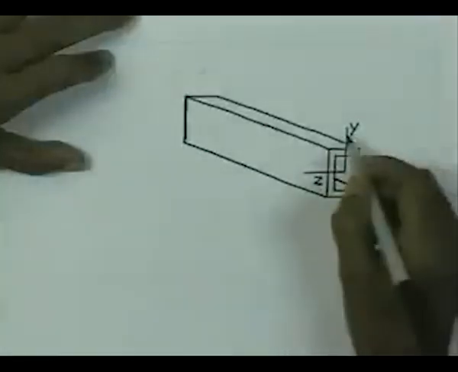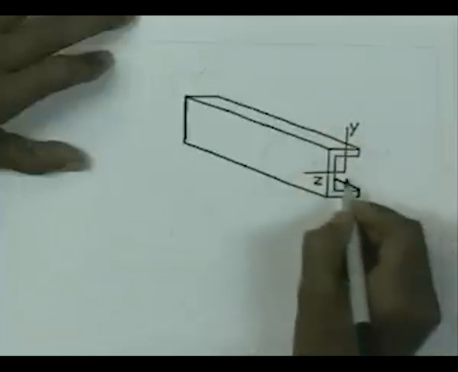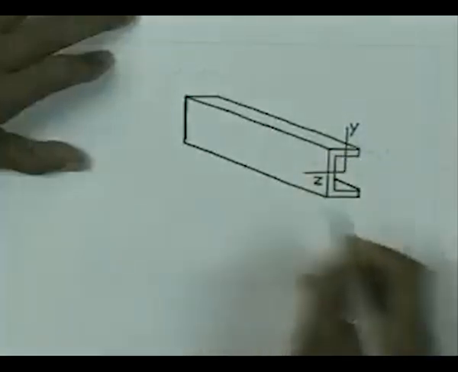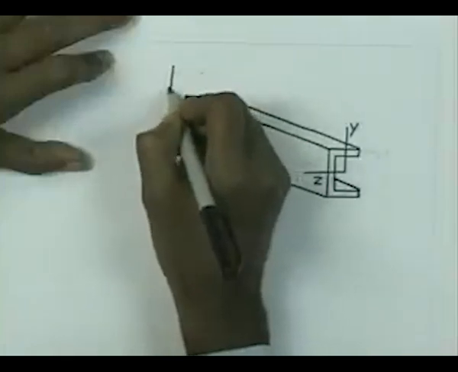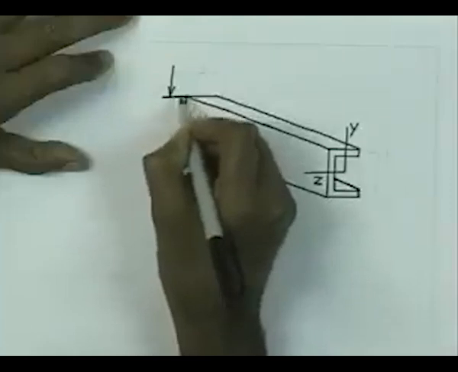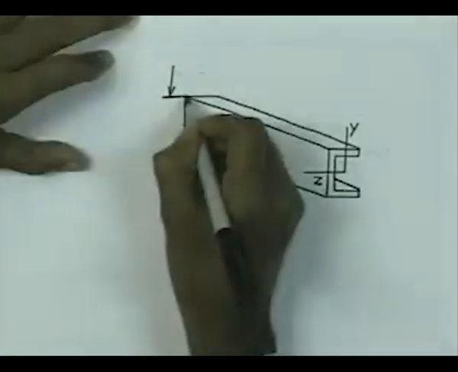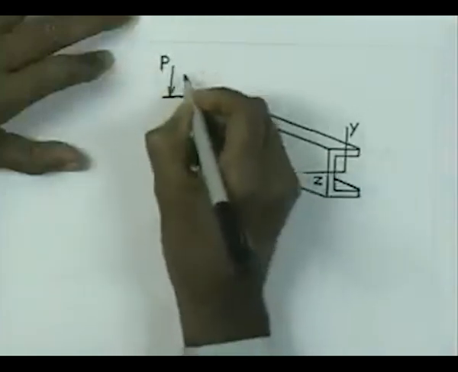Now, if we put a load parallel to the y x plane, let us say we put a load here somewhere. Just think of it that we have welded some member and then we are putting a load there.